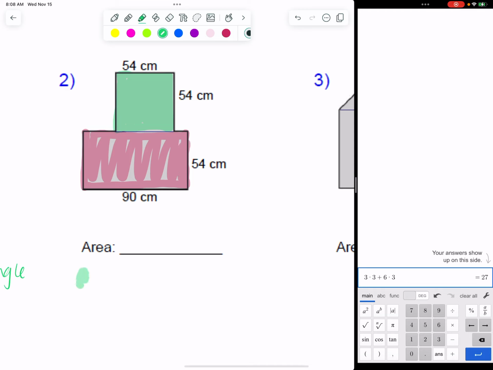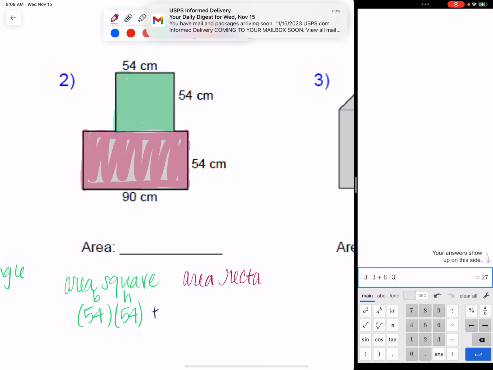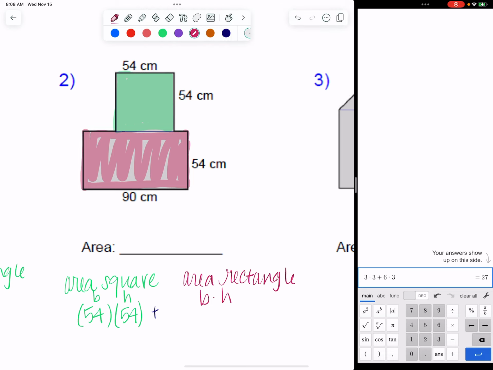So I need the area of the square, but not with the highlighter. Well, I know that's base times height. I have a base of 54 and a height of 54. And then for the area, I need base times height again.